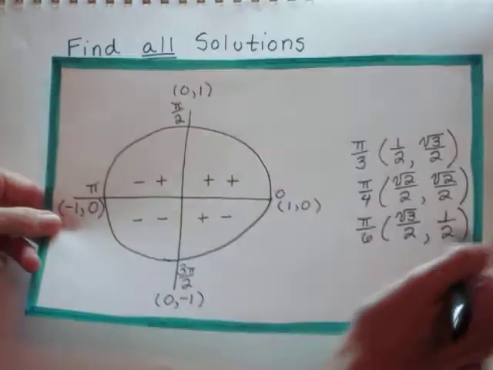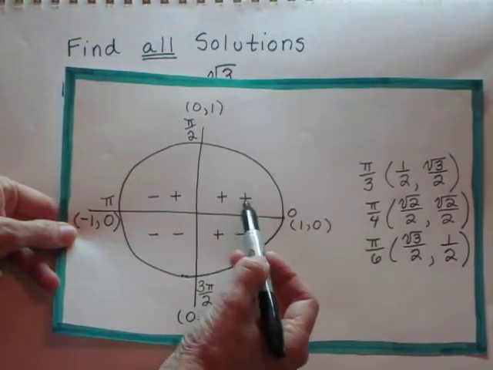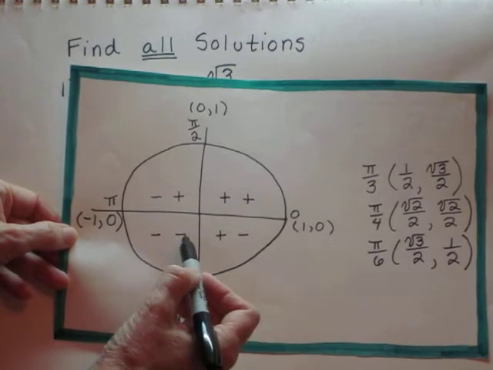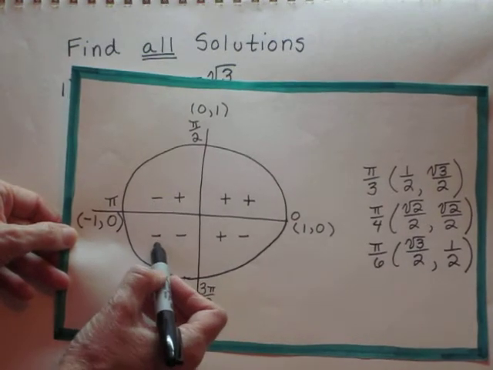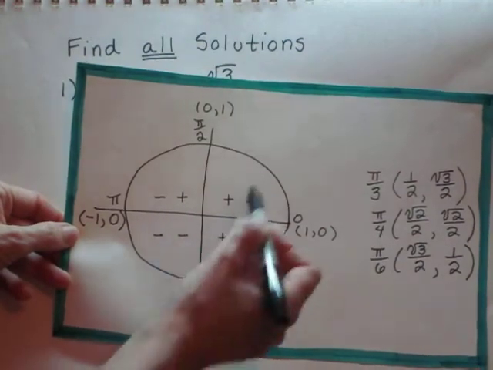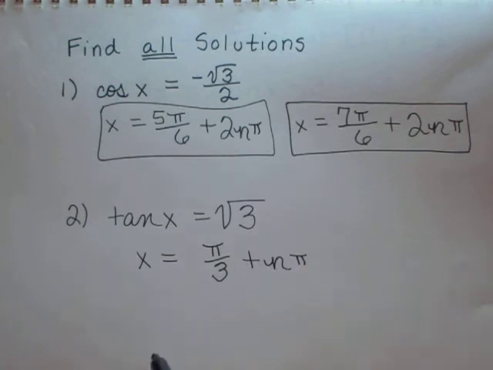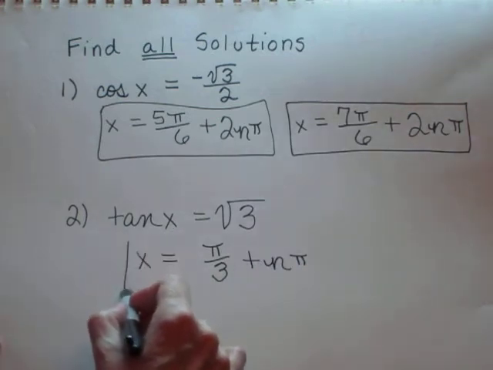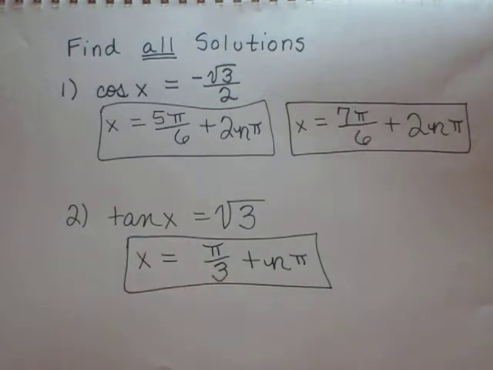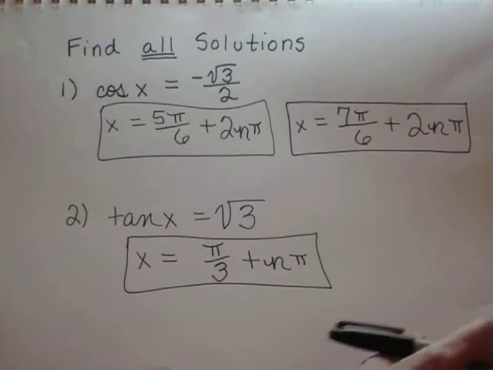Remember, tangent's going to be positive, of course, in quadrant 1, and then tangent is also positive in quadrant 3 because it would have been a negative over a negative. So that gets us quadrant 1, quadrant 3, which is just halfway around that circle. So we just add n pi, and we've got it. We're done. That will give us all of the solutions for tangent of x equals the square root of 3.